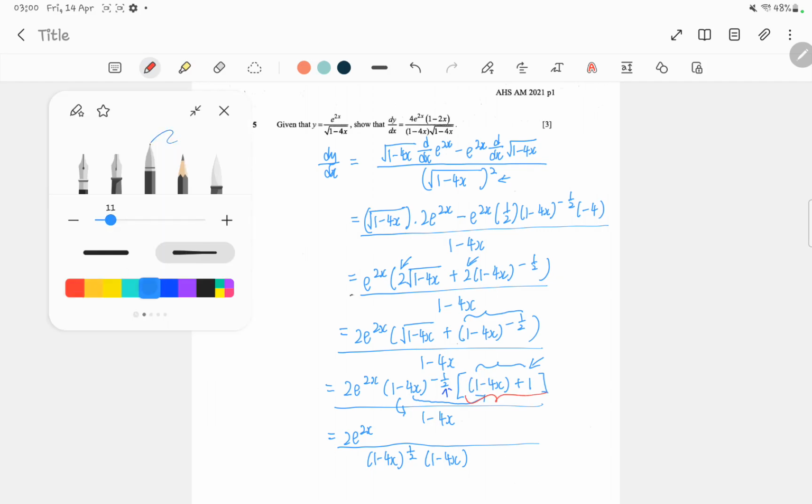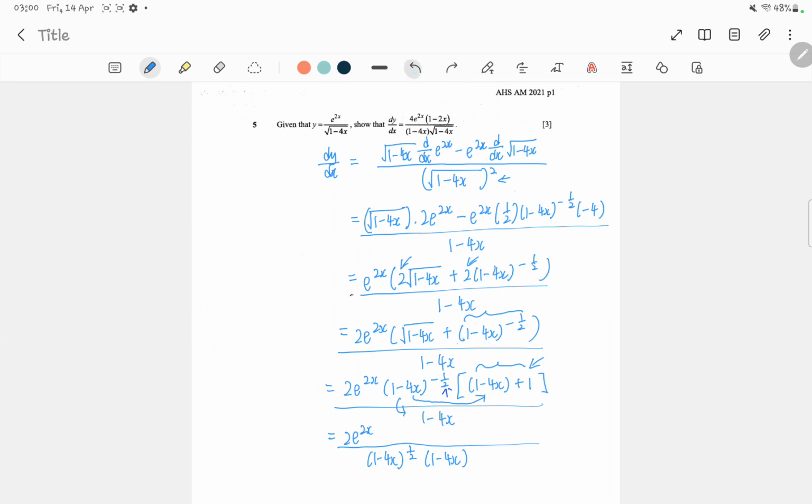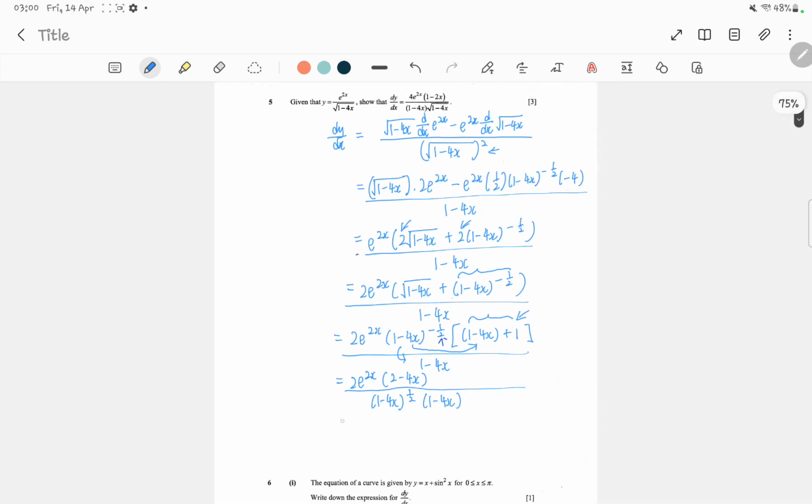In that case, that will be equal to 2 minus 4x, correct? Because this is 2 minus 4x, we can actually write it as 2 bracket 1 minus 2x bracket.